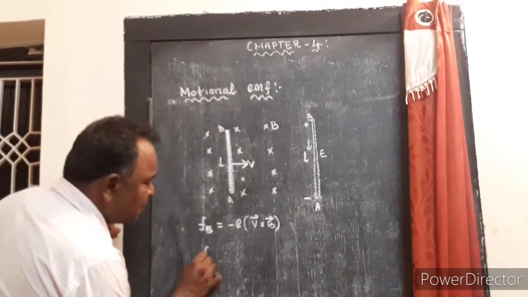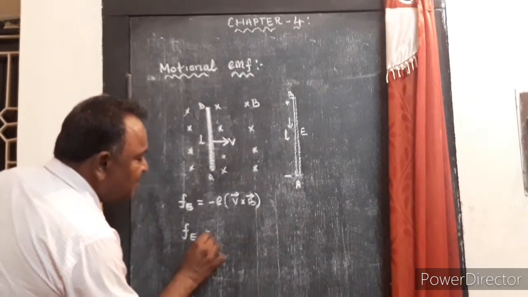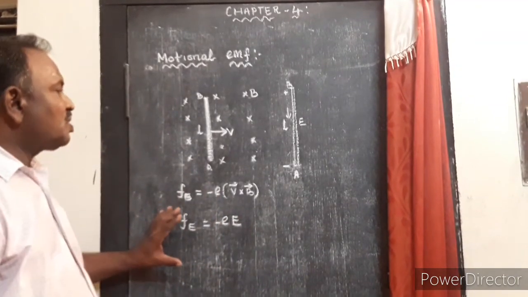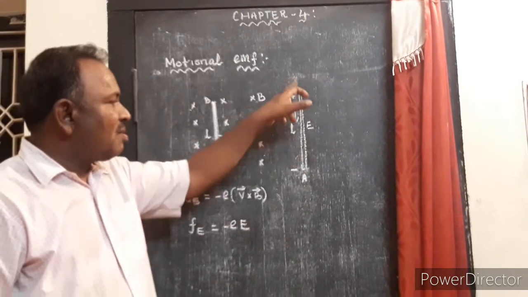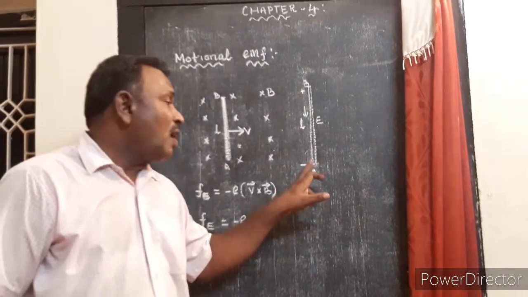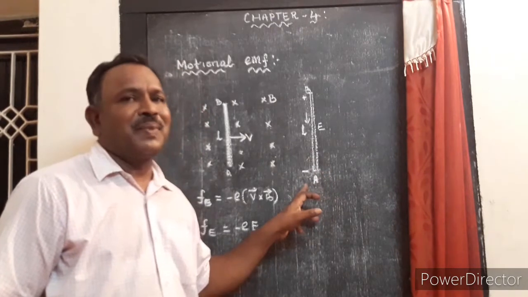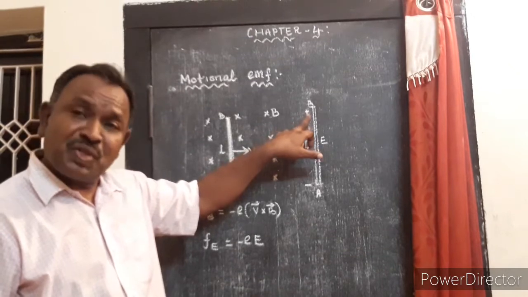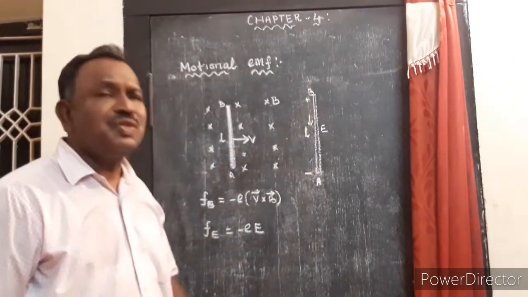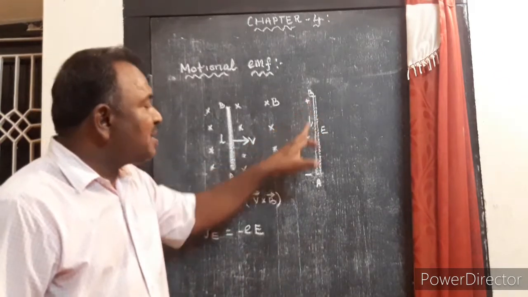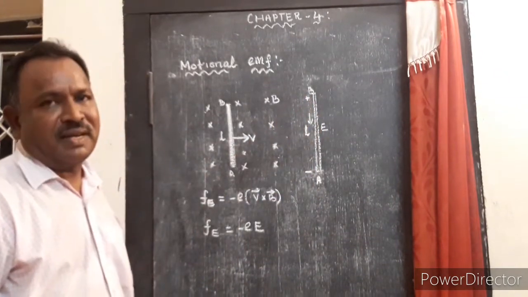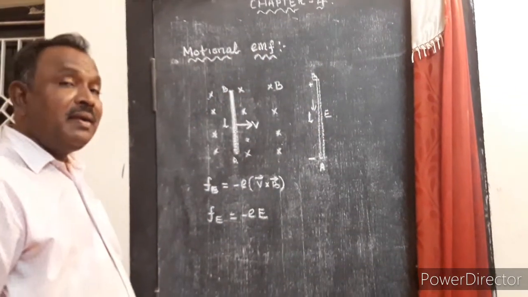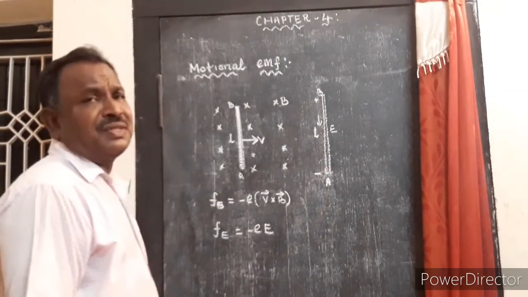This electrical force is given by Fe is equal to minus e into E. Because of this electrical force, the electrons will flow in one direction and begin to accumulate at the end A. So the end A becomes more negative and the end B becomes more positive. Because of this separation of charges, there is a potential difference across the ends. The electrons will continue to move until an equilibrium condition is reached.